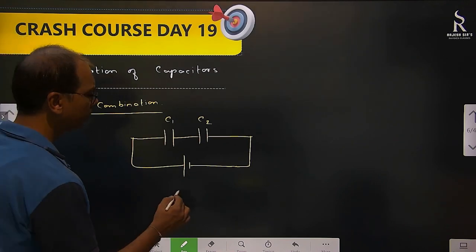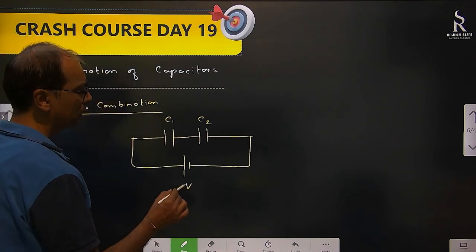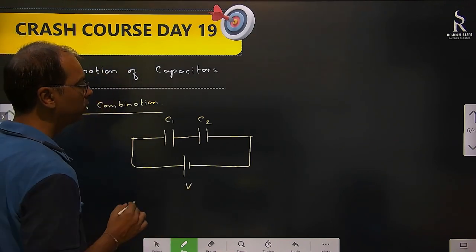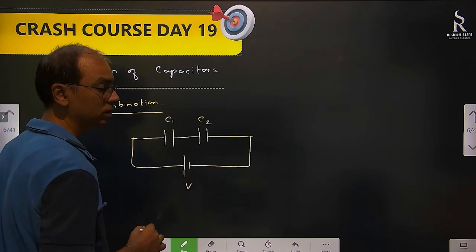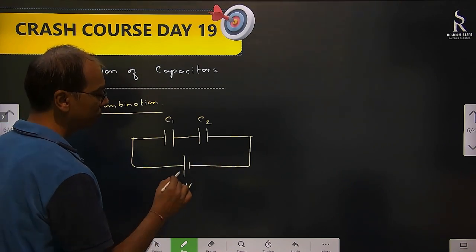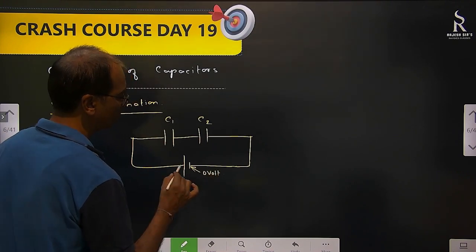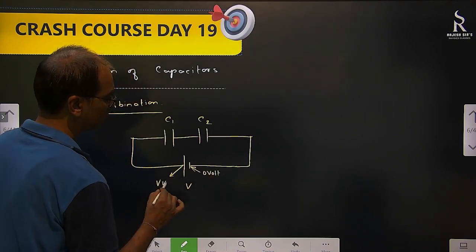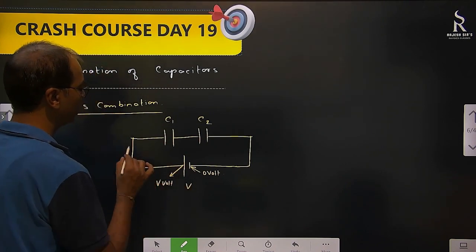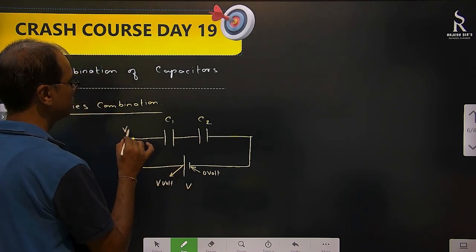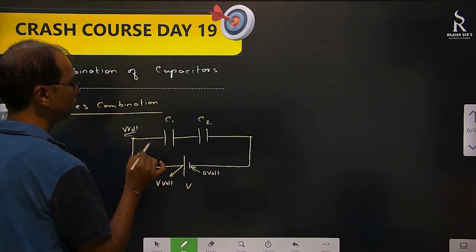When you are connecting it with the battery, here is potential difference V. So we know that here and here potential difference total should be V only. How? If I consider here is 0 volt, then here will be V volt. The same V volt will be here because potential is not dropping. No element is there.